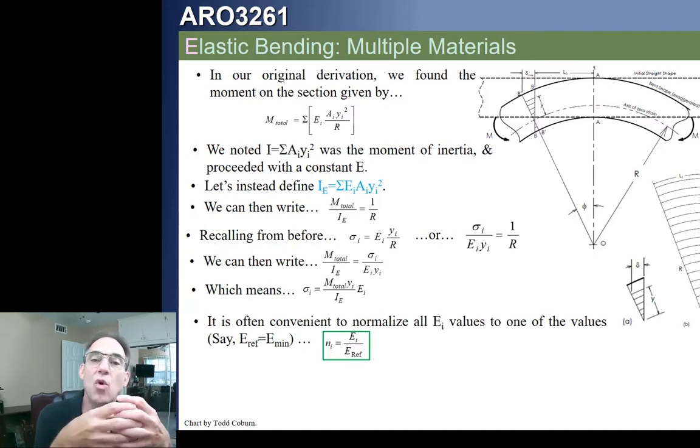Instead, what we will do is normalize the moment of inertia. So we're going to go and look at our section. We're going to look at the modulus of each little elemental strip, and then we're going to normalize them to one of those moduli.